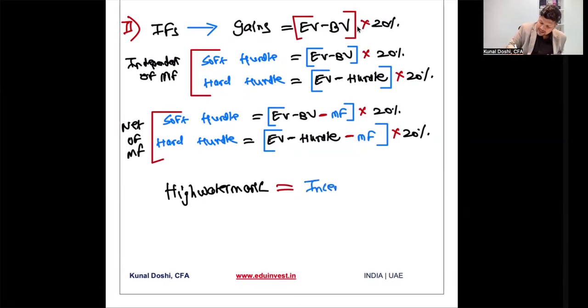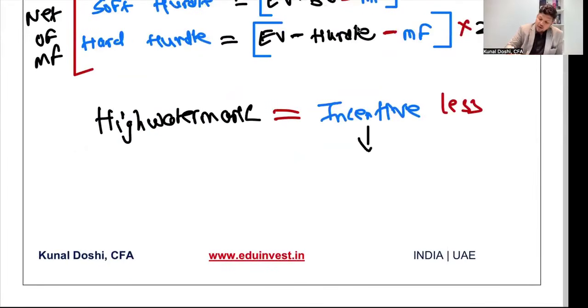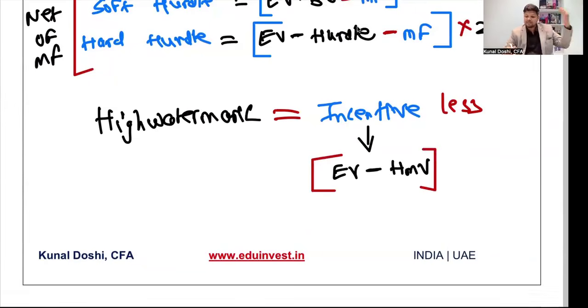Your incentive will be less because then it is calculated only on the gains above the high watermark. I'll repeat, incentive only on the gains. So you will take the ending value minus what? The high watermark value. The watermark is the previous highest peak. On that, you will calculate the gain, the incentive.